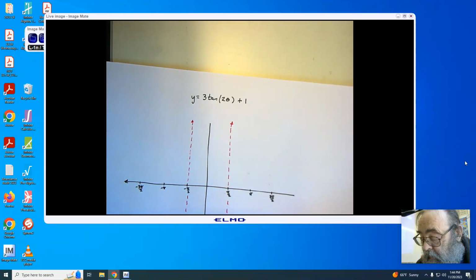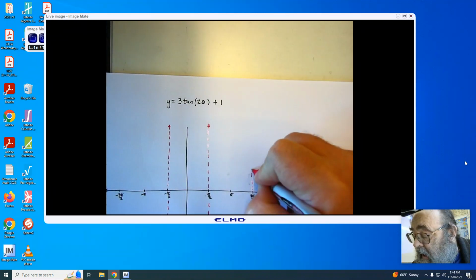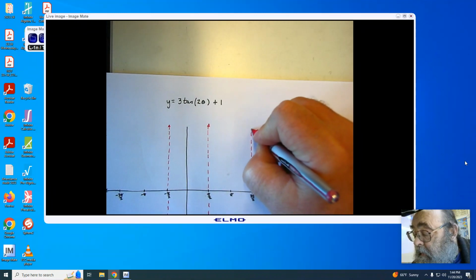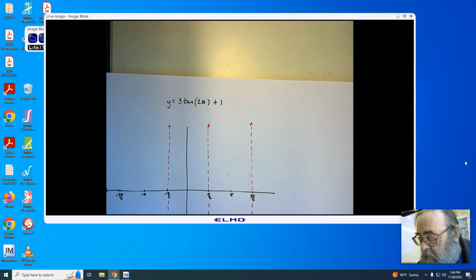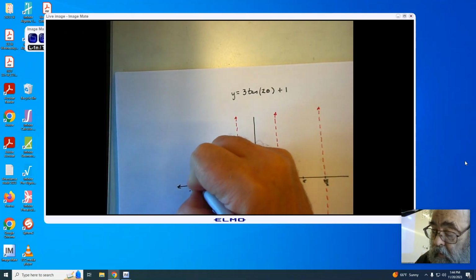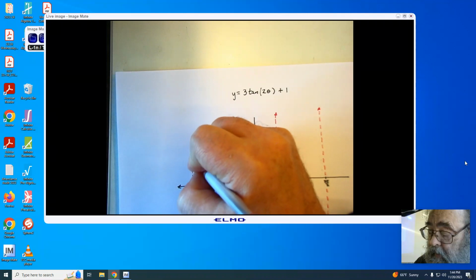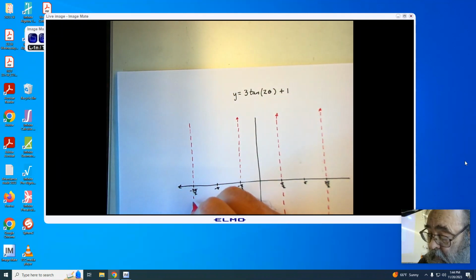We're going to skip through one length of pi, 180 degrees, and find our next asymptote. Then skip another 180 degrees or length of pi, and we get our third. I guess this is our fourth asymptote.